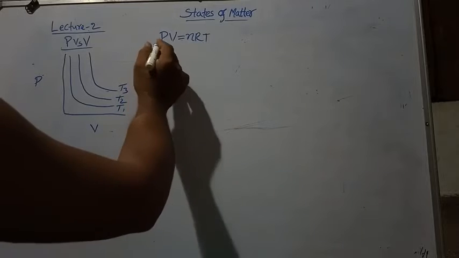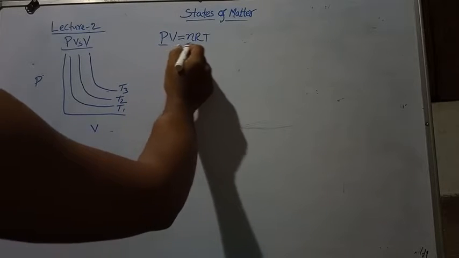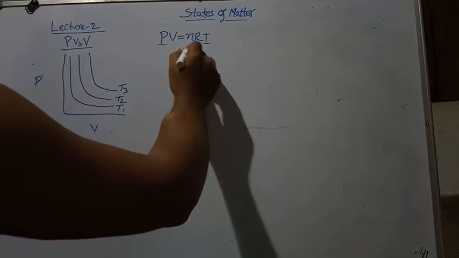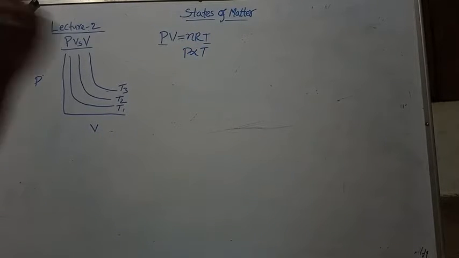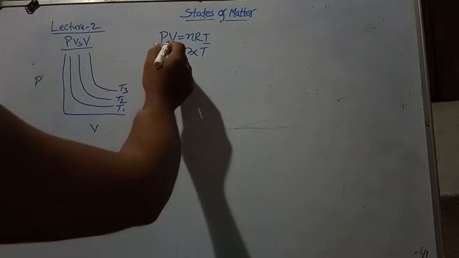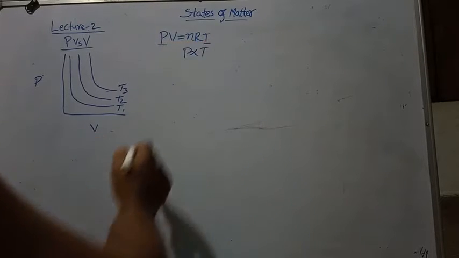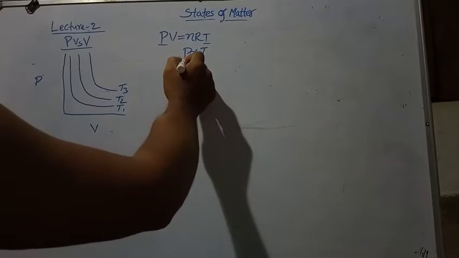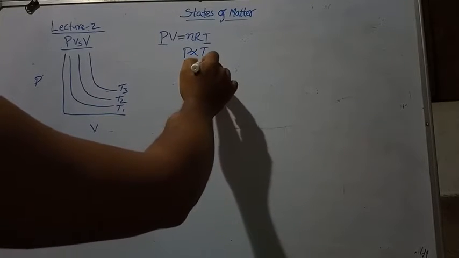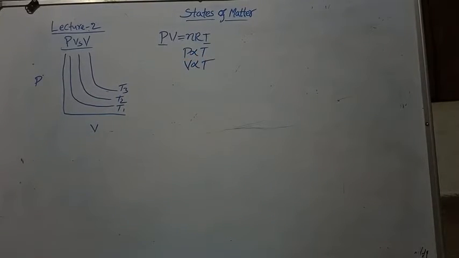Here we understand that pressure is directly proportional to temperature: if temperature increases, pressure automatically increases. Similarly, volume is directly proportional to temperature, assuming nR is constant. Keep that point in mind.